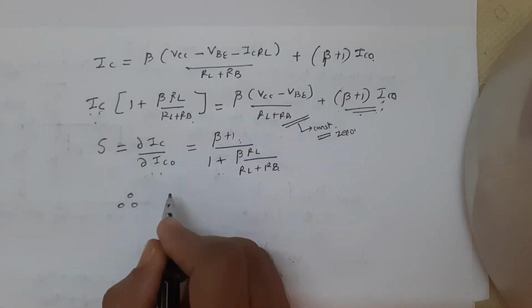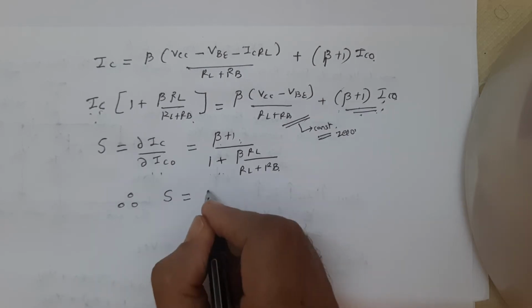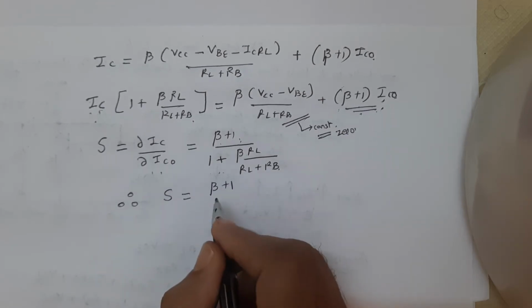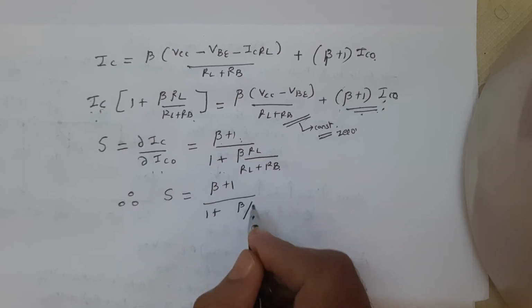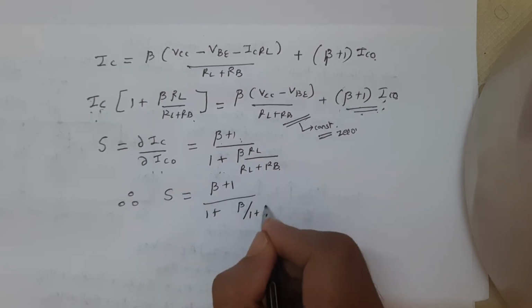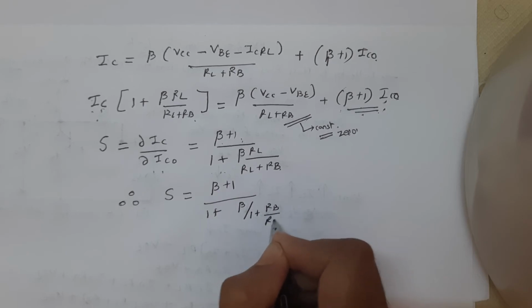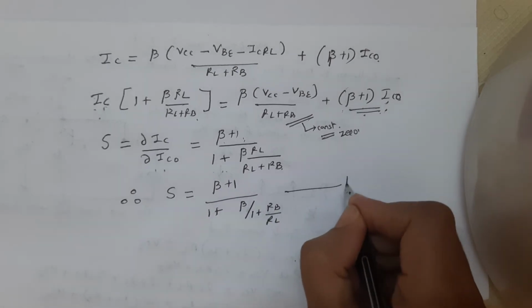Therefore, the final equation is S equal to (beta plus 1) upon (1 plus beta upon (1 plus RB upon RL)). This is our final equation.